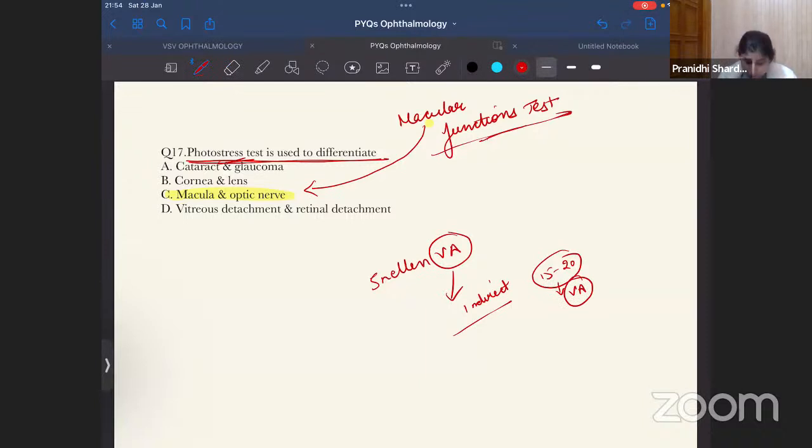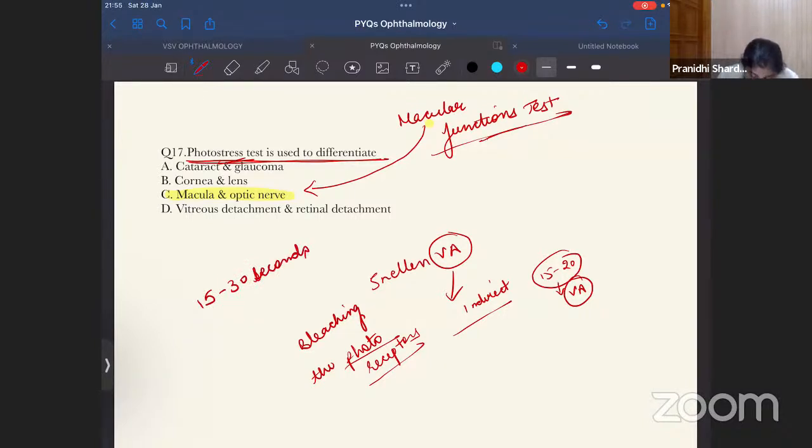What we are doing is bleaching the photoreceptors by the light. The normal recovery time is 15 to 30 seconds.